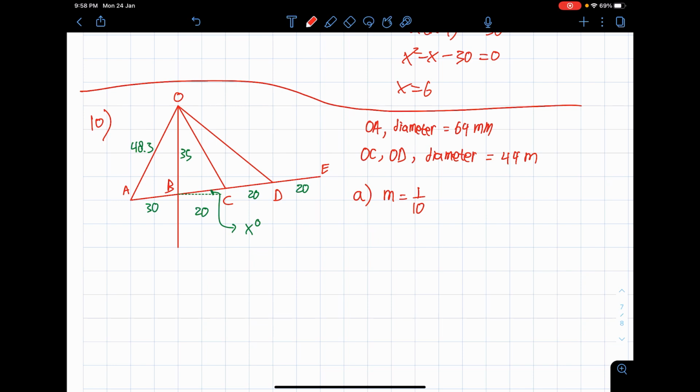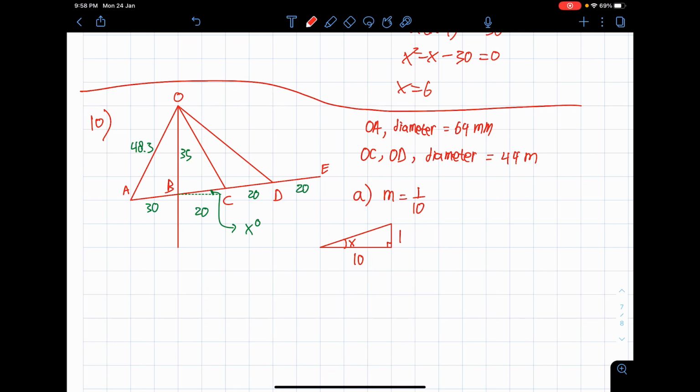Alright. Now let's take a look at the triangle that contains x. I'm going to draw it slightly larger so you all can see what is going on here. This angle here is x degrees, and the gradient of this slope is 1/10. Now gradient is rise over run, so technically they are saying this is 1 unit, this is 10 units.